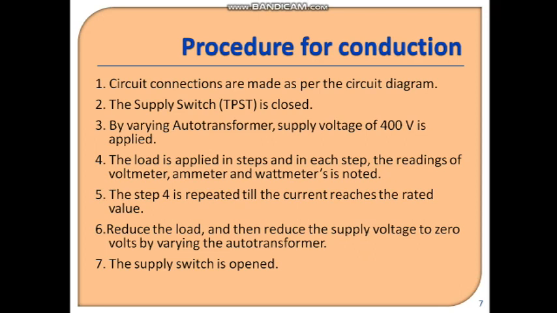Step 4 is repeated until the current reaches the rated value. After that, reduce the load to 0, reduce the supply voltage to 0 and switch off the supply.